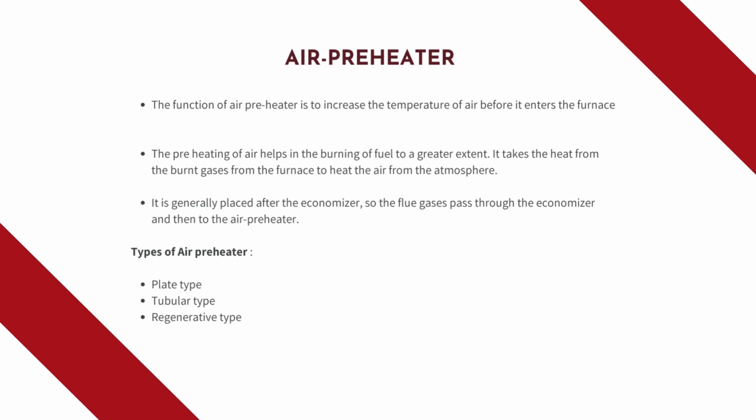So, the flue gases pass through the economizer and then to the air preheater. Air preheaters can be categorized into three main categories: number 1, plate type air preheater, number 2, tubular type air preheater, and number 3, regenerative type air preheater.